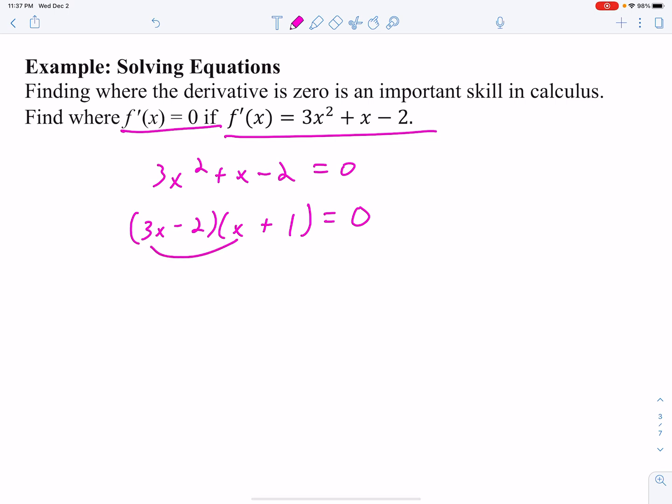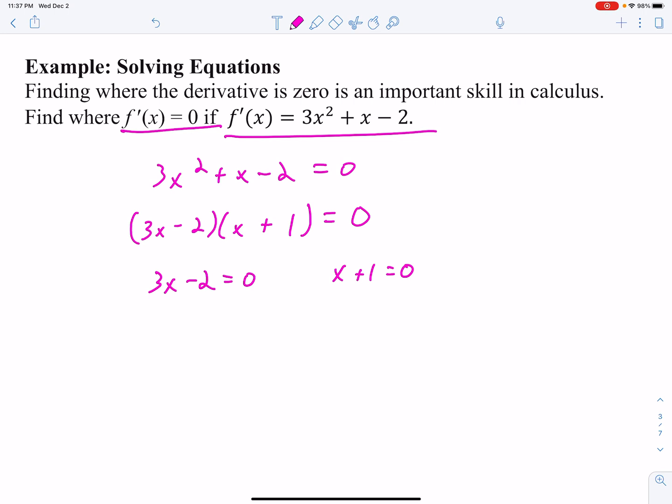So 3x times x is 3x squared. So that works. Outer is 3x. Minus 2x is 1x. So that worked, right? And then negative 2 times 1 is negative 2. So there we go. And then we use our 0 factor property. In other words, we take each set of parentheses and set it equal to 0 and solve.